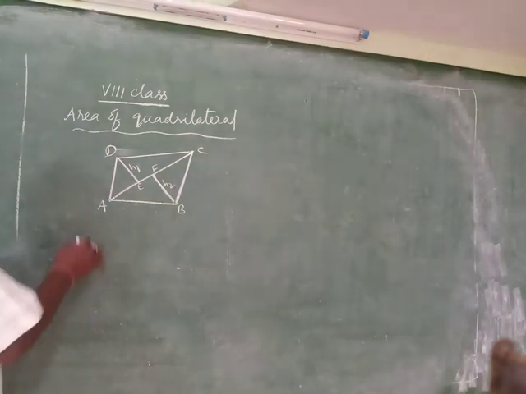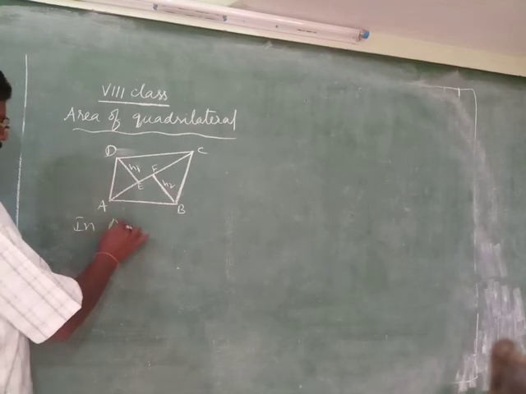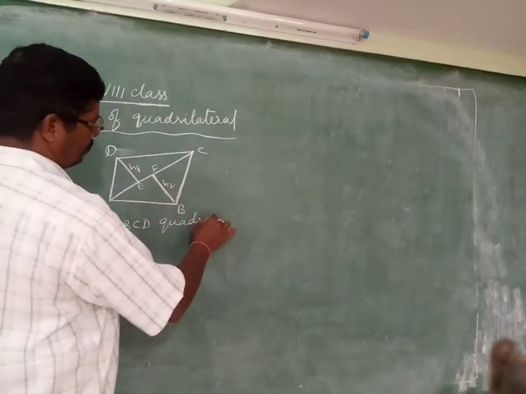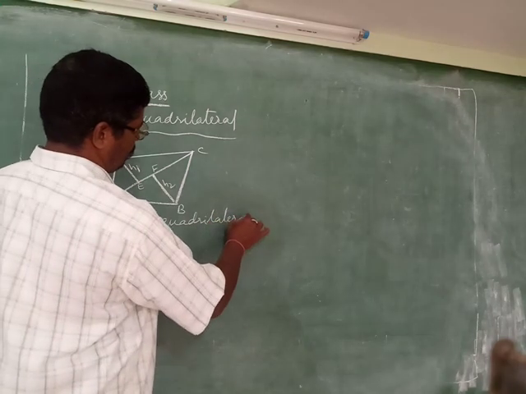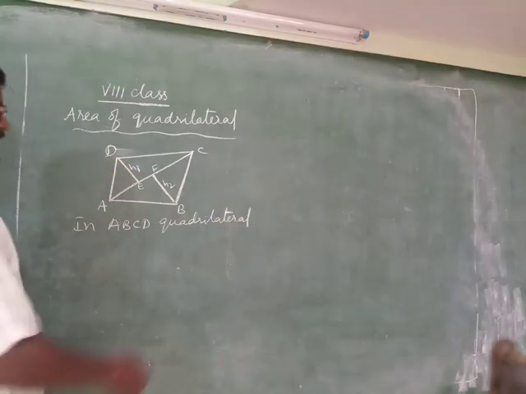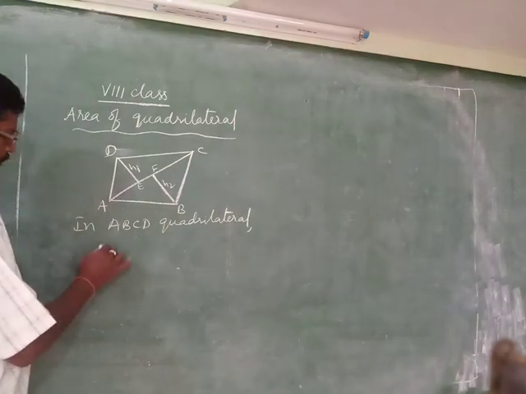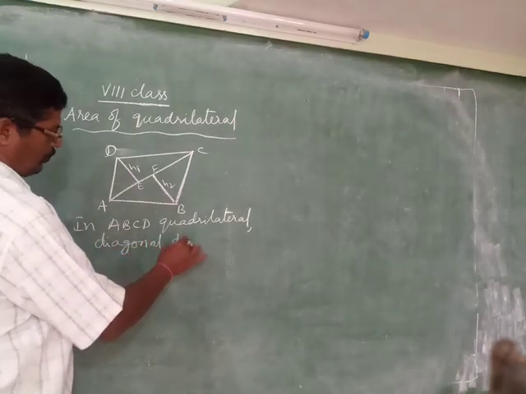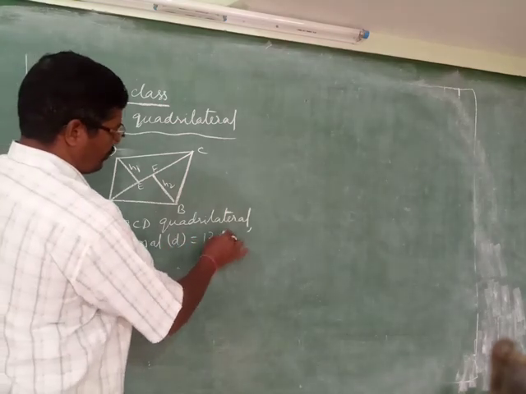In ABCD quadrilateral, diagonal D is equal to 13 centimeters.